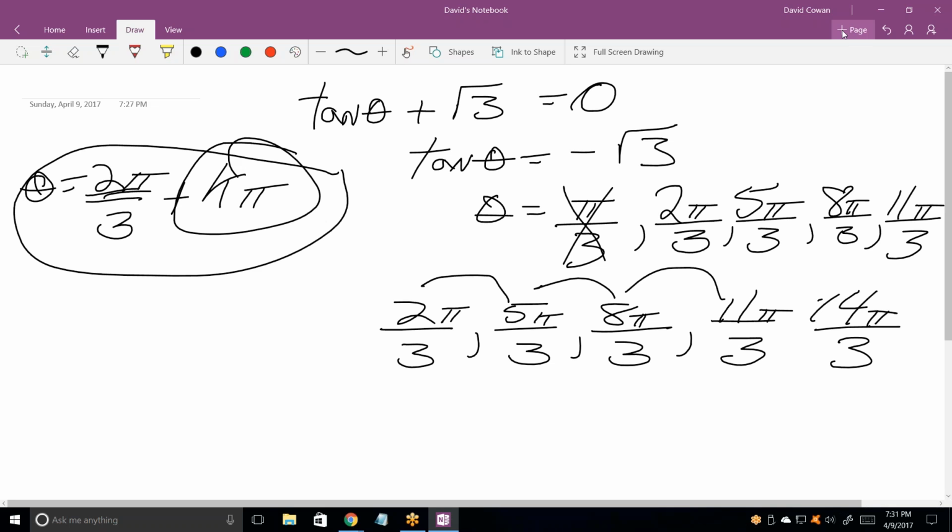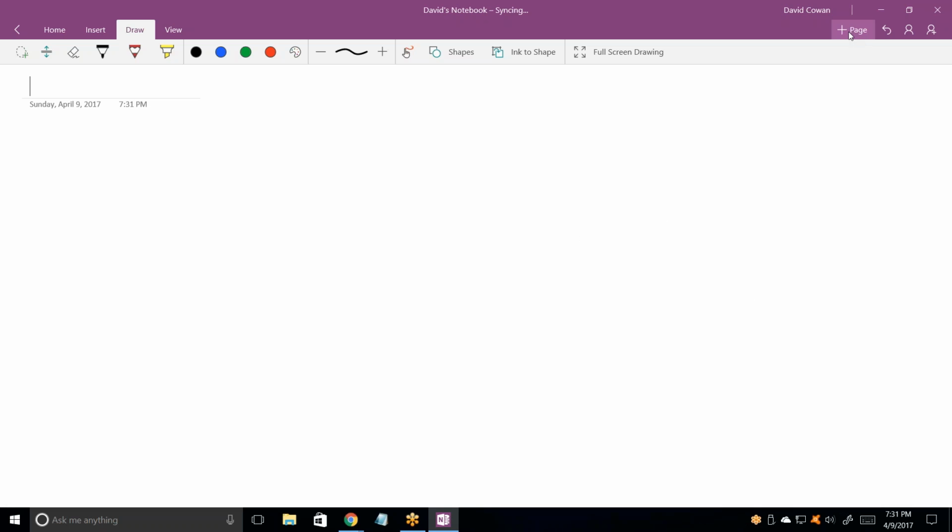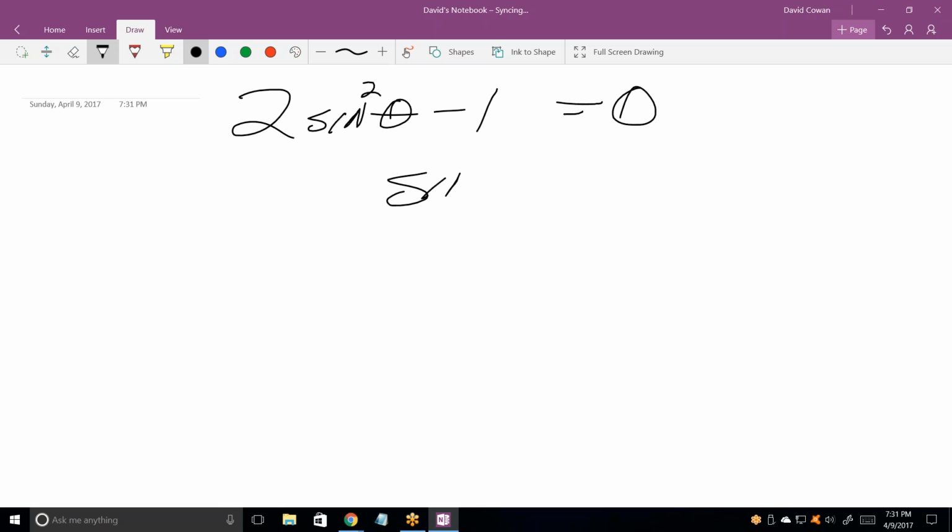Okay. All right. So the next one is same directions, and it's 2 sine squared theta minus 1 equals 0. Finish this problem for me here.